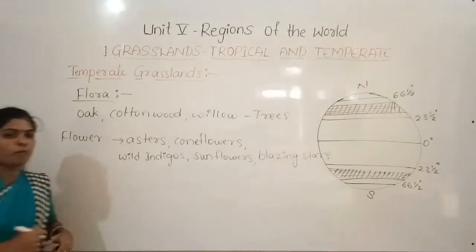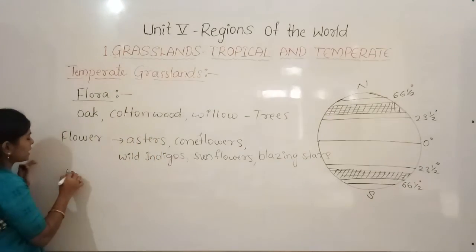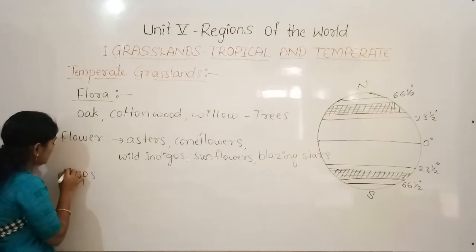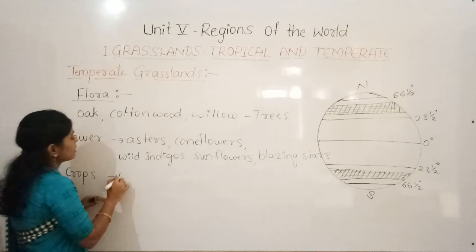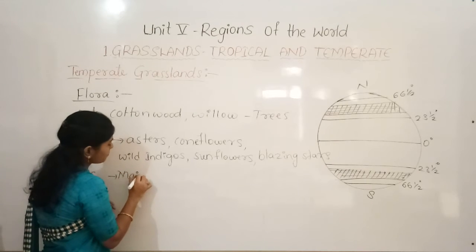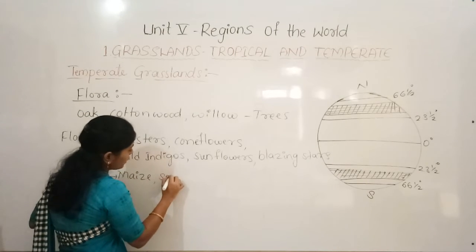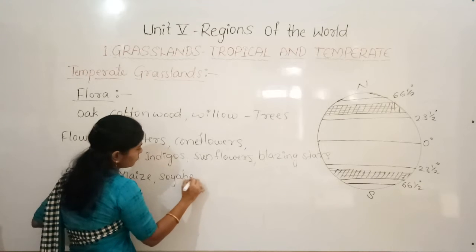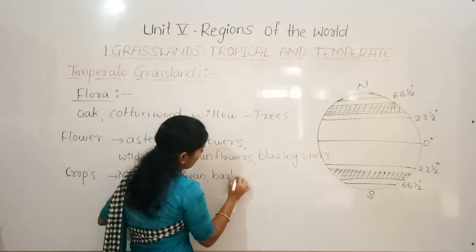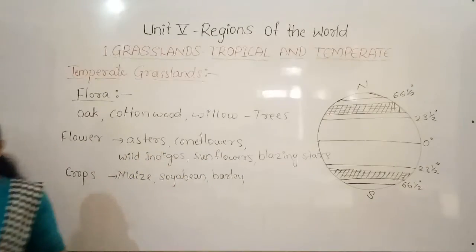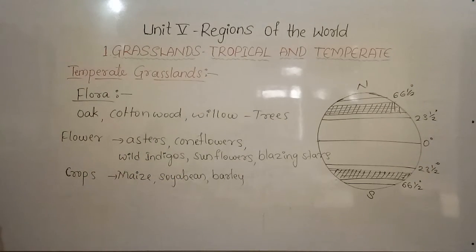And even some of the crops we can see here because the soil is very rich in humus. We can also see the maize, soybean, barley, and we can also see the corn and wheat.